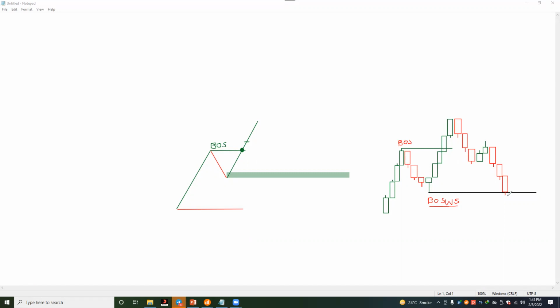And if the price is breaking it, then now it's confirmed that this will be another level, which is the resistance of this break of structure wave. So I identified this as a level.